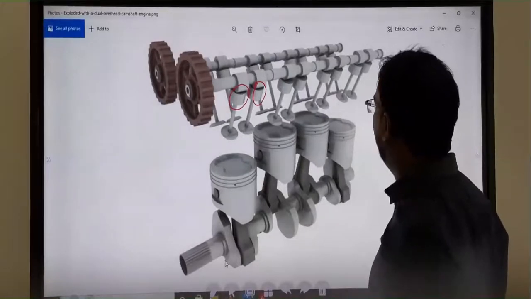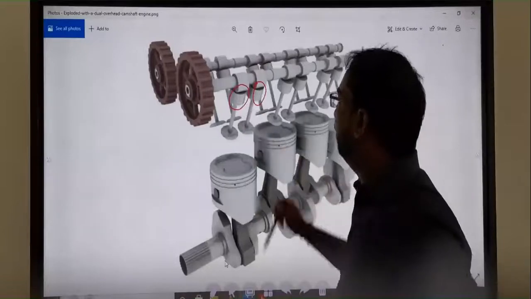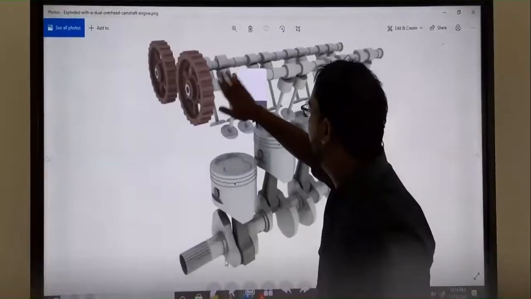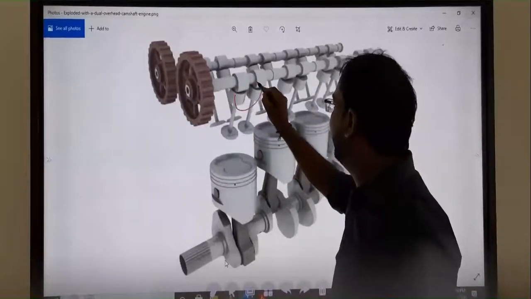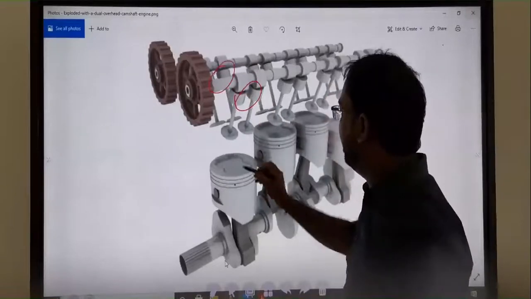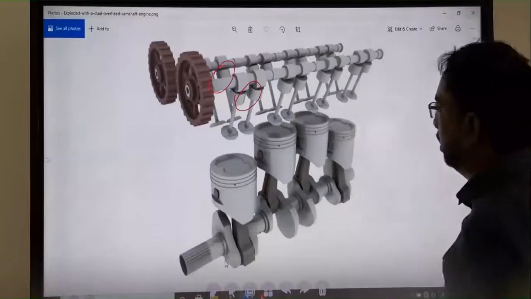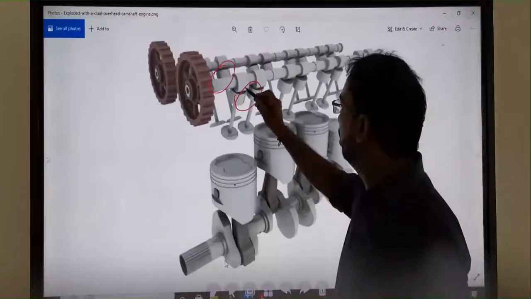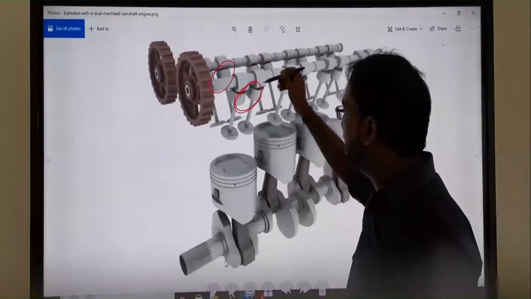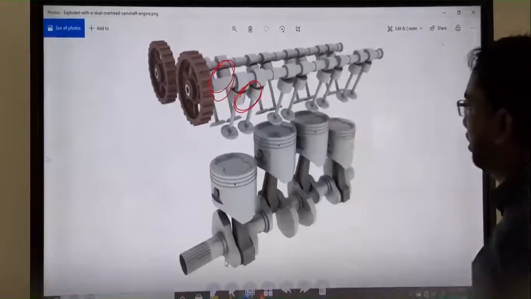Okay. But here we can see there are two camshafts. That means these two valves for intake and these two valves for exhaust. Each cylinder has two valves because this type of engine is more efficient, because a large amount of air mixture can intake and exit because of these two valves.